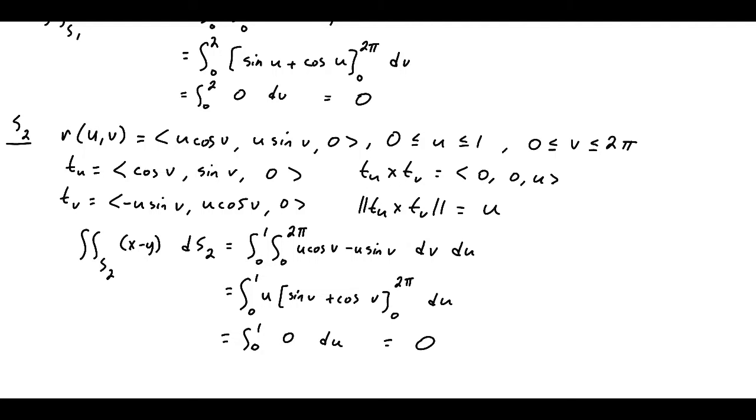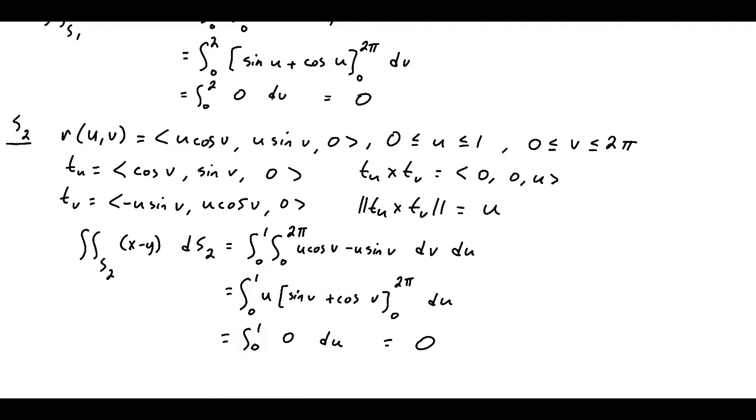Now our third surface, the top of this cylinder, is going to be almost identical to this one. It's going to have the same parameterization, except that the third component will be equal to 2, because we're at the top of this. Height is equal to 2. And that makes t u and t v the same, which means t u cross t v is the same, which means the magnitude of t u cross t v is the same.